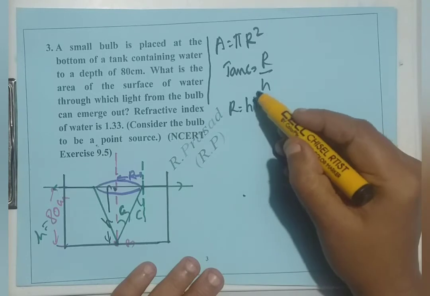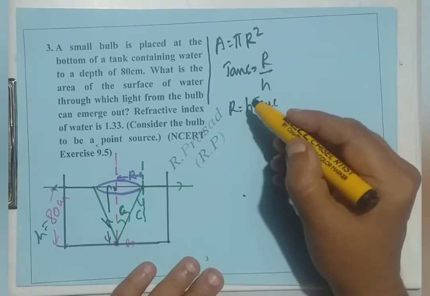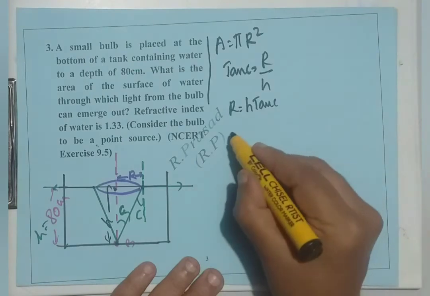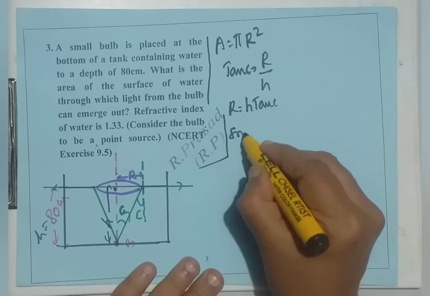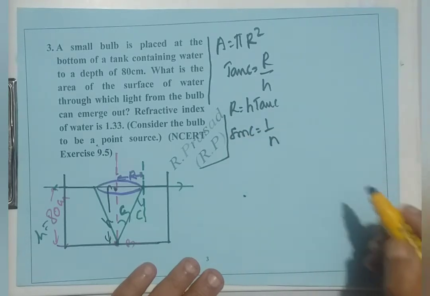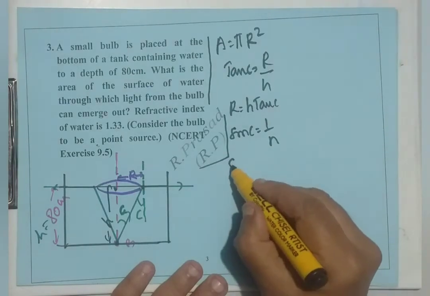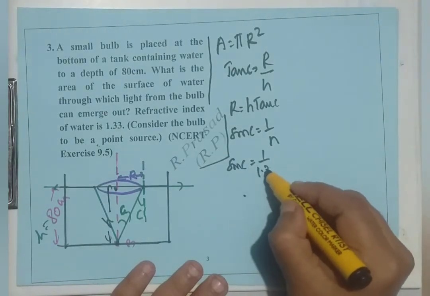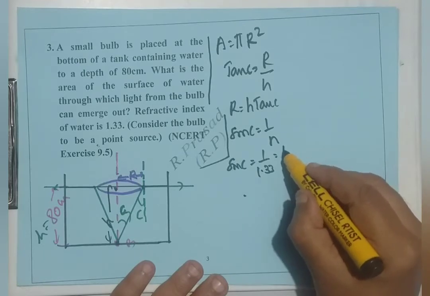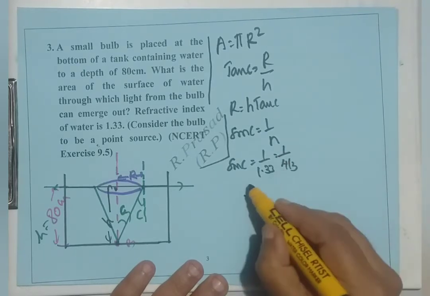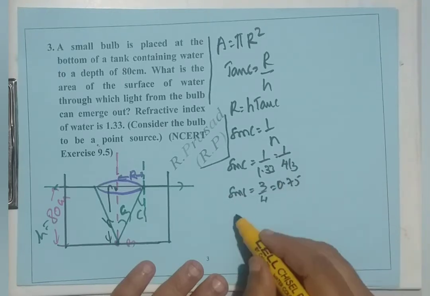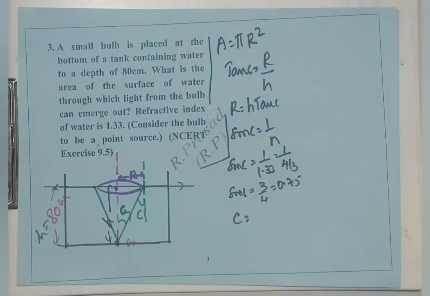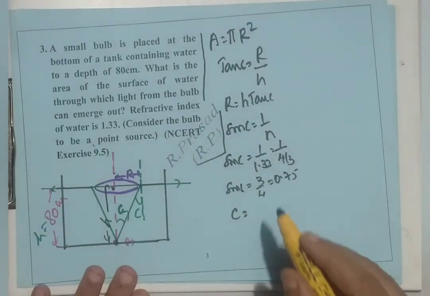So, c is the critical angle. How do we get c? By our usual idea, because refractive index is given. Our idea is sin c is 1 by n. That is, sin c is 1 by 1.33, which amounts to 1 by 4 by 3, or 3 by 4.